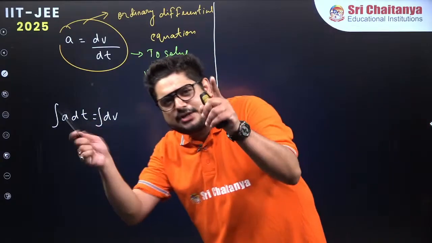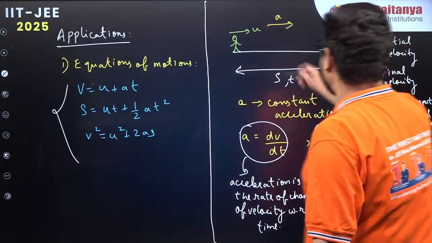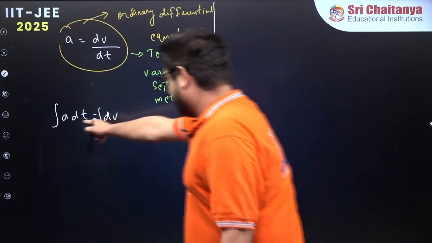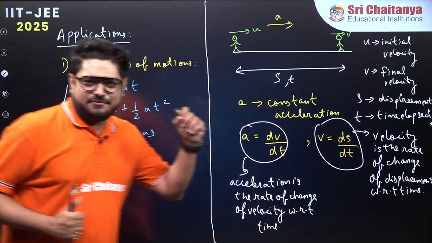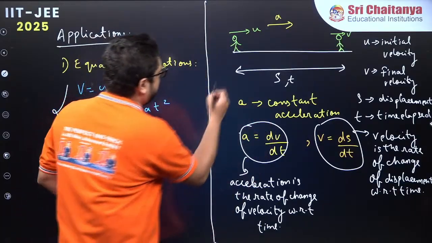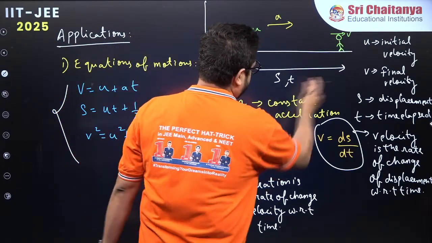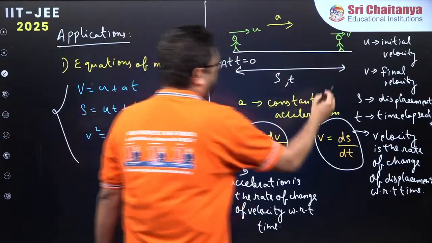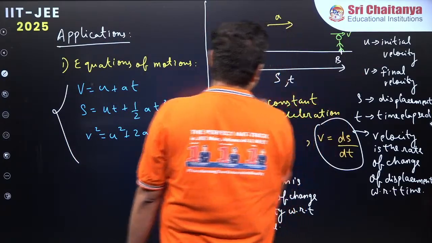Now what are going to be the limits of the integration? On the left side, let's say I start running from here at t equals 0, and I've already said that the time elapsed is t. Let's say this is point A, where I started.